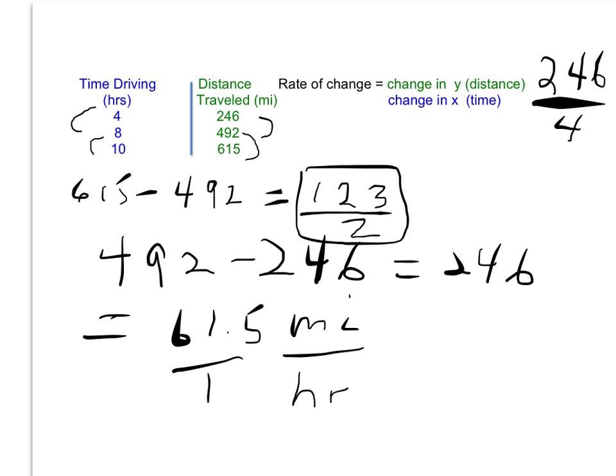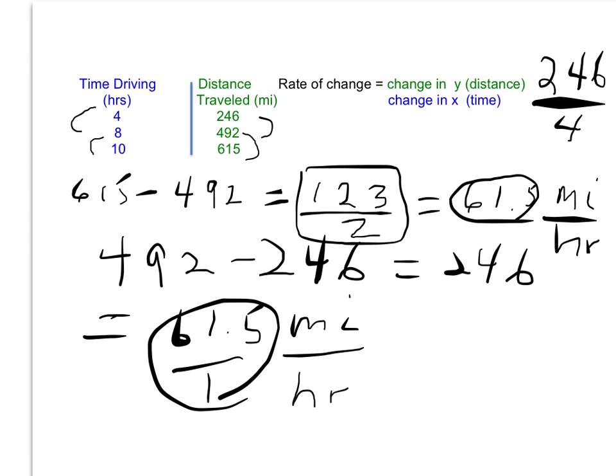Change in y over change in x. When I simplify that, again, I get 61.5 miles per 1 hour. Notice again that these two rates are the same. They're constant. This rate is linear.